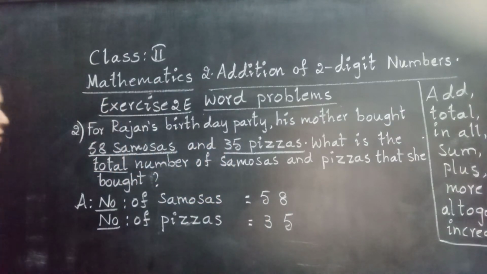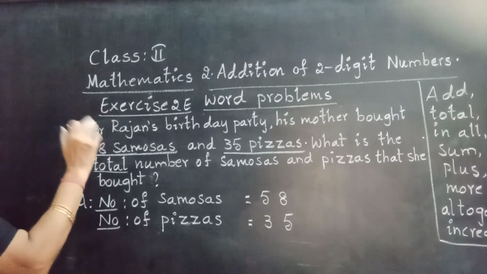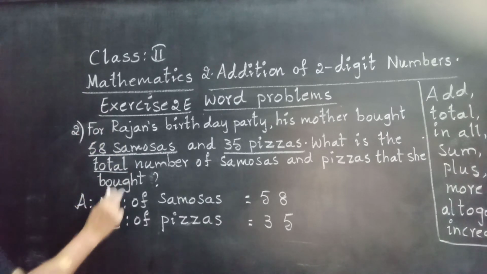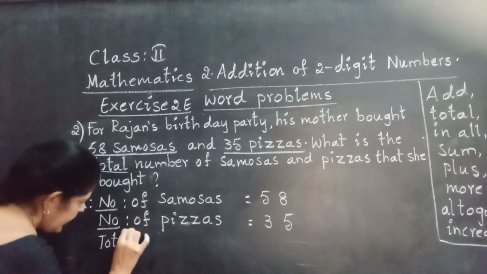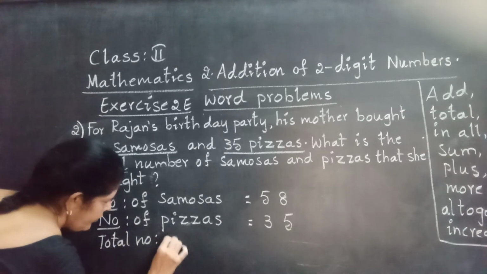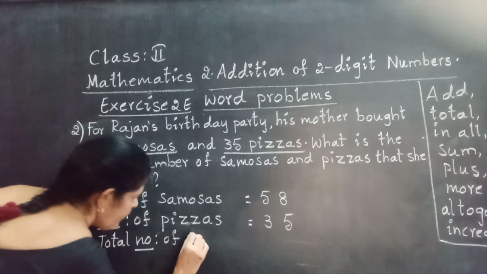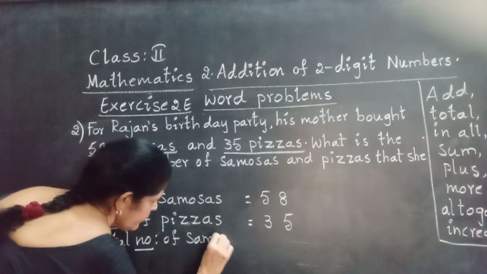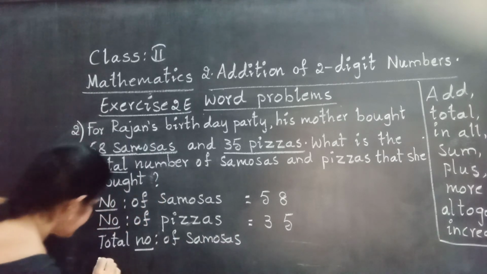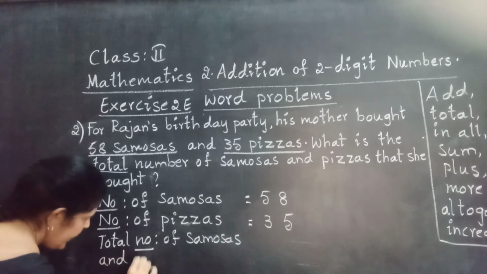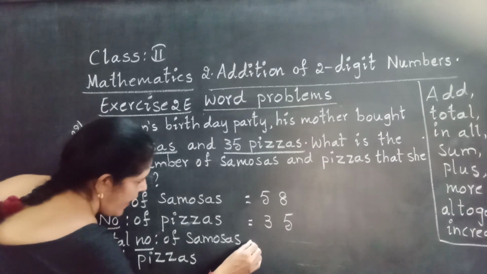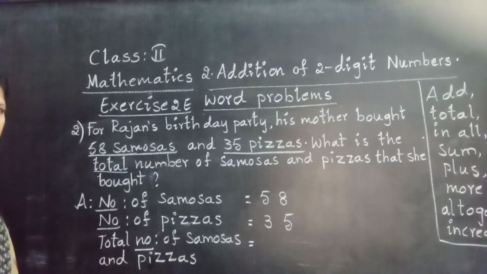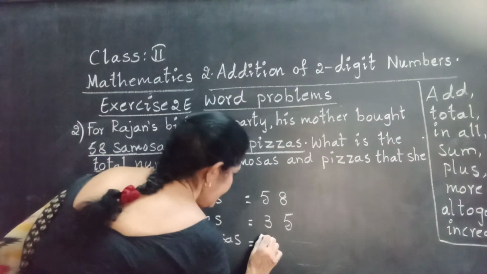Rajan's mother bought these two for Rajan's birthday. Now total number of samosas. I continue in the next line. And pizzas. Samosas and pizzas. Okay?